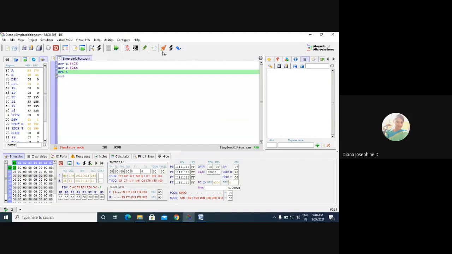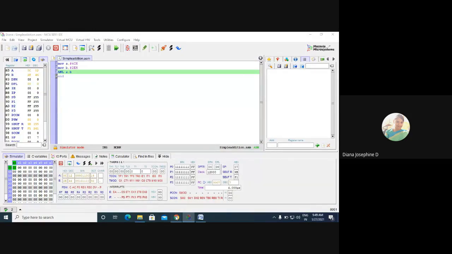First, let us do the AND operation. For AND operation, the instruction is ANL A comma B. Okay, it is not AND, it is ANL A comma B. So upon executing, my A register now holds 4C and B register 2E, and after the AND operation, the result 0C is loaded in the accumulator.